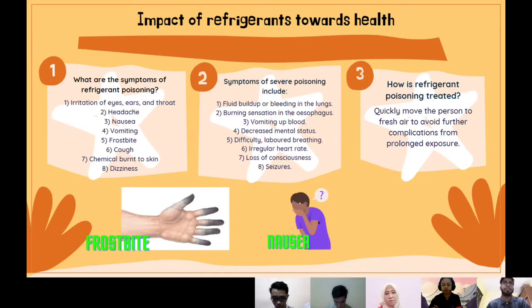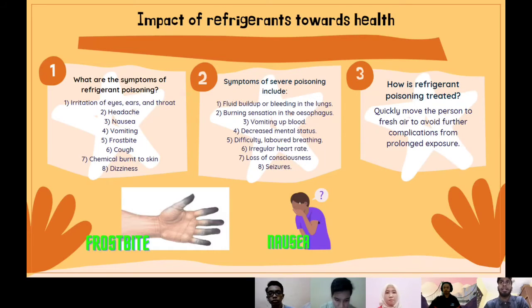Okay, now I want to talk about the impact of refrigerants on human health. The first one: what are the symptoms of refrigerant poisoning? There are many symptoms, which include irritation of the eyes, ears, and throat, headache, nausea, vomiting, and so on. The second one: symptoms of severe poisoning include fluid buildup in the lungs, a burning sensation in the esophagus, vomiting of blood, and so on.